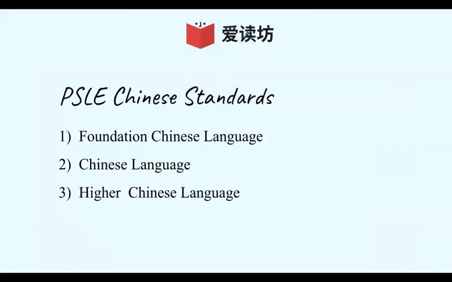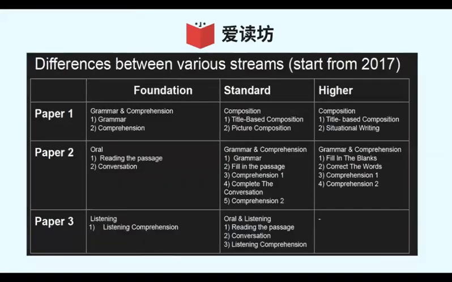Now there are 3 standards for Chinese in PSLE, which are Foundation Chinese, Chinese language, Higher Chinese language. Foundation Chinese and Chinese language have paper 1 to paper 3, but Higher Chinese has paper 1 to paper 2.